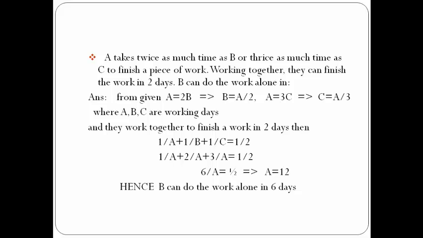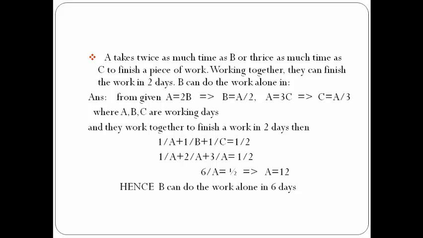Now from the given, A is equal to 2B, where A is the days of working of A. Here A is equal to 2B and B is equal to A by 2, and A is equal to 3C. From that, C is equal to A by 3, where A, B, C are working days of A, B, C respectively. And they work together to finish a work in 2 days.